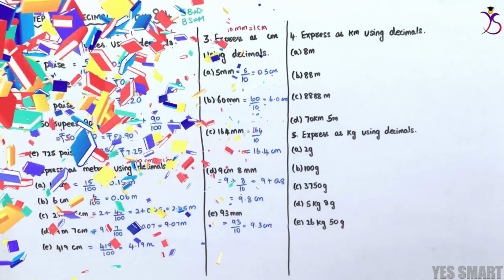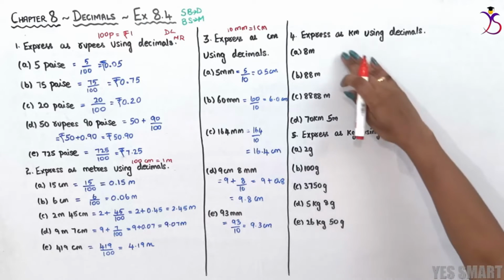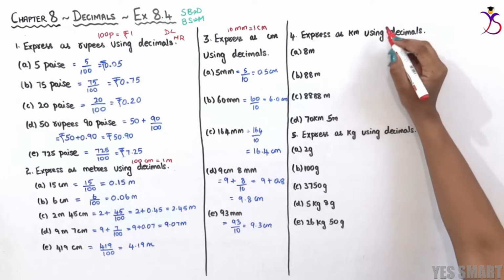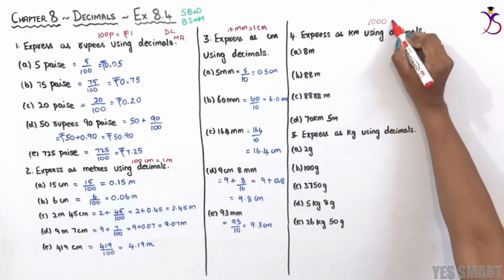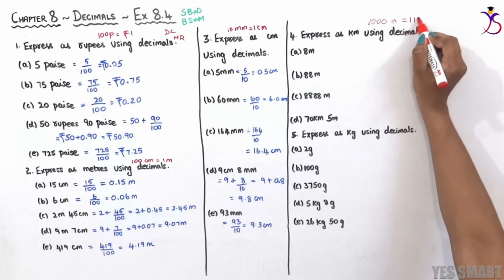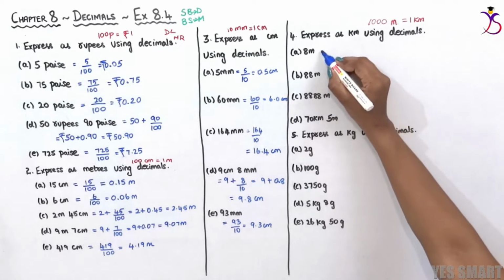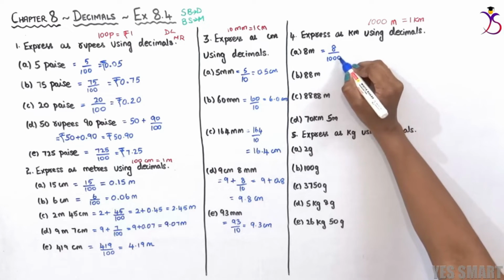Now fourth sum, express as kilometer using decimals. They have given in meter, we are supposed to convert it to kilometer. We know that 1000 meter equals 1 kilometer. So this 8 meter, we will convert it to kilometer. So 8 by 1000.